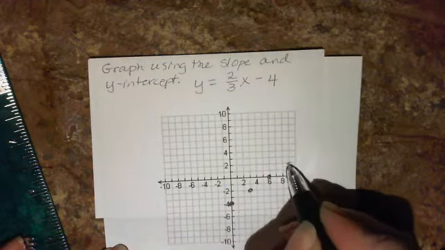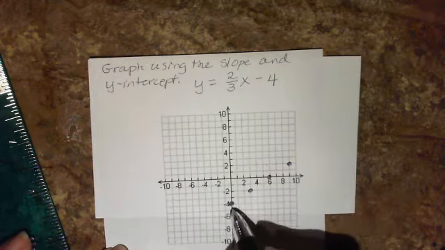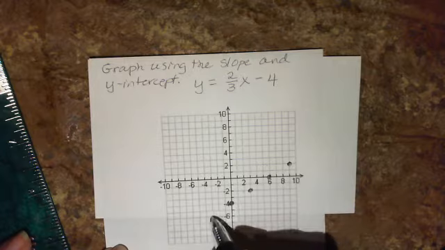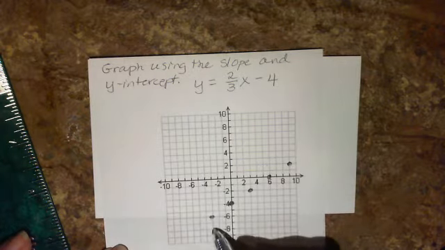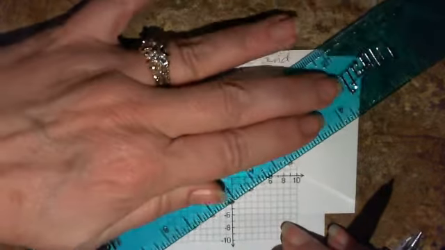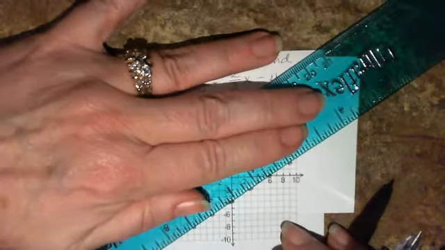And remember, if you need to go backwards on the line, you just reverse the stair step, down 2 and left 3, as many as you need to feel comfortable to connect your points. I would only need to see a few.